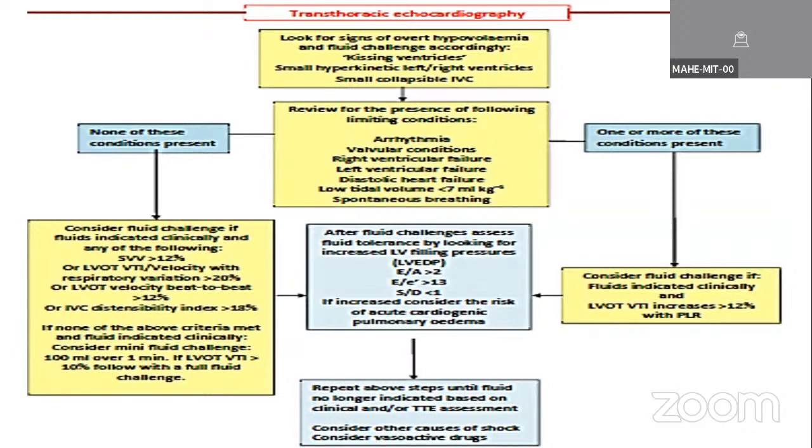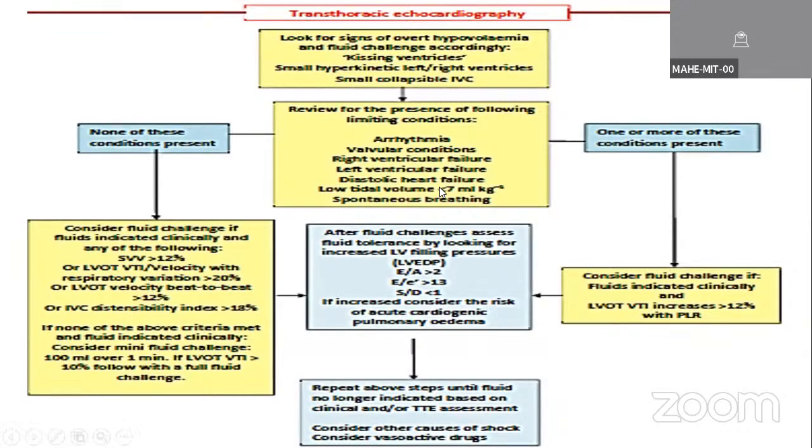Once that is done, you look at other limiting conditions like arrhythmias, valvular conditions, RV failure, new onset RVMI, or spontaneous breathing. If none of these are present, then you can use the various measurements which I have told. You can use PPV, LVOT and VTI, and based on this we can give fluids.